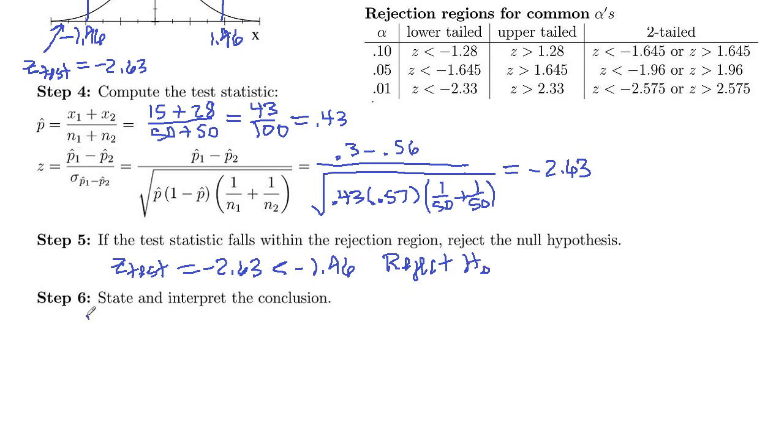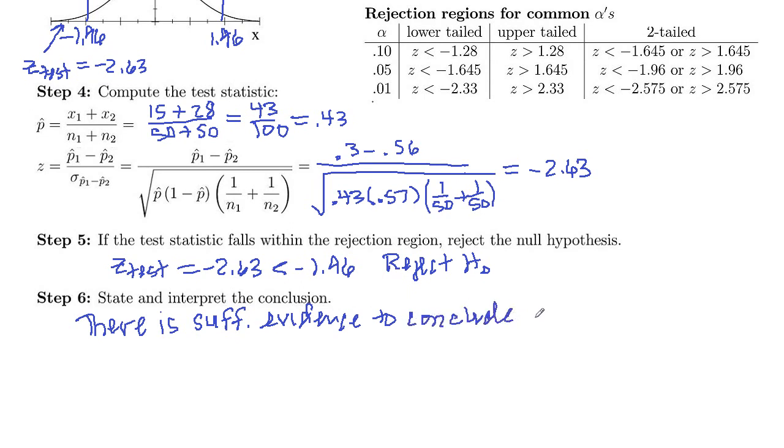So our conclusion is that there is significant evidence, or sufficient evidence, to conclude P1 is not equal to P2, the alternative hypothesis.